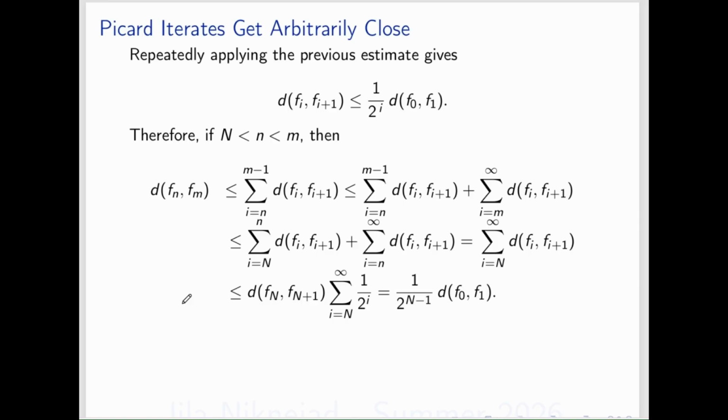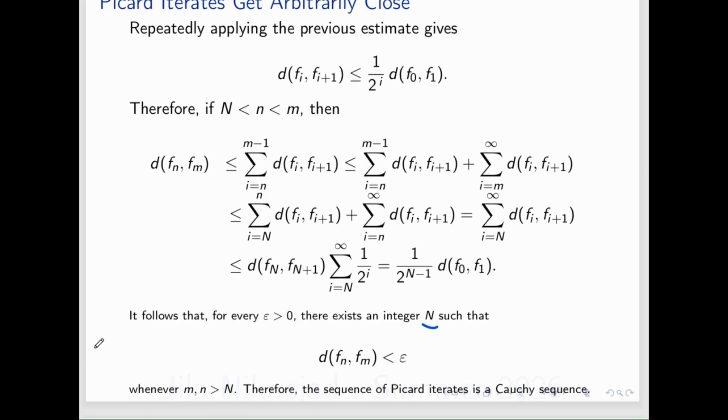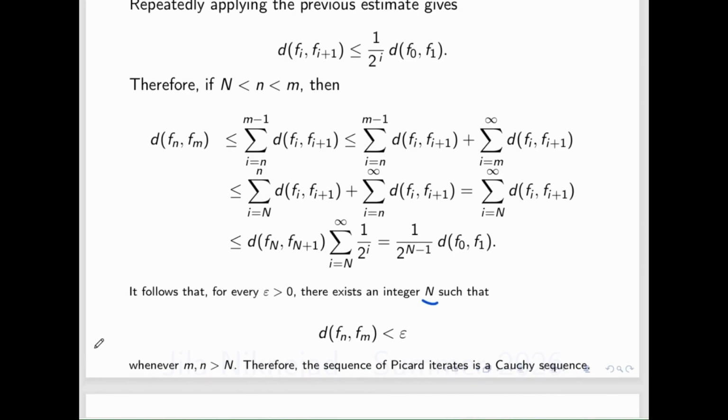And that is 1 over 2 to the power N minus 1 times d of f0 and f1. It follows that for every epsilon bigger than 0, there exists an integer N such that d of f_n and f_m is less than epsilon whenever m and n are bigger than capital N. Therefore, the sequence of Picard iterations is a Cauchy sequence.